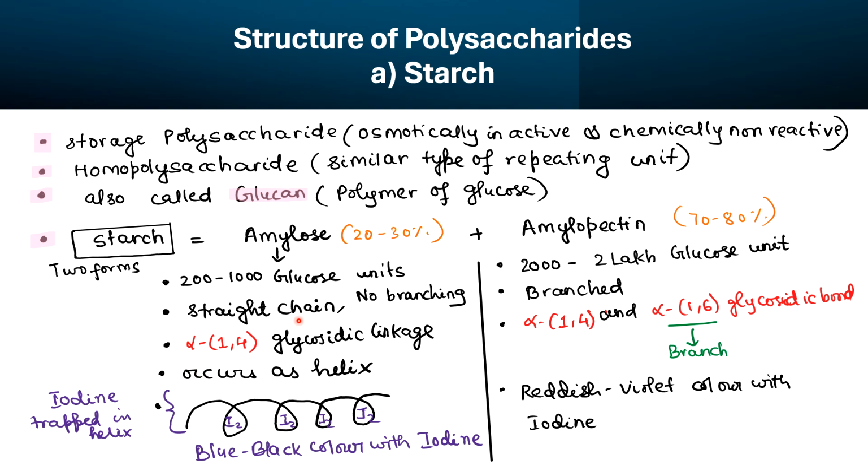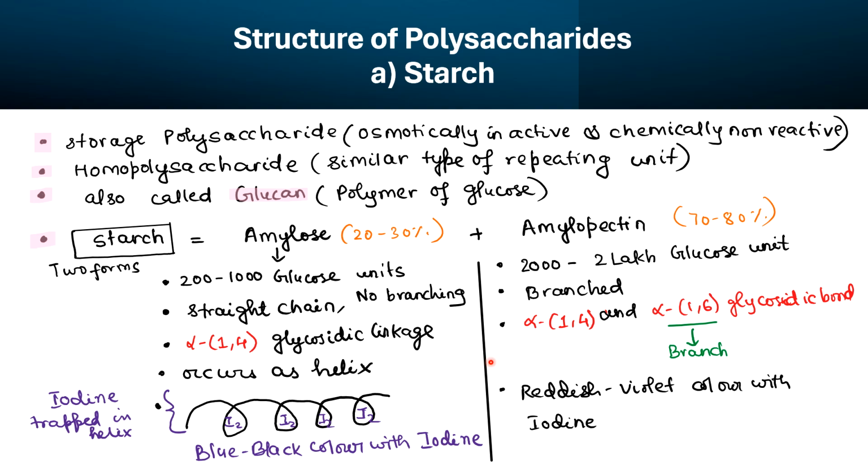Now this amylose occurs as a helix. It is a straight chain, no branching is present, so it forms a helical structure. Because the structure of amylose is helical, it can trap iodine molecules inside it. So if you add a few drops of iodine to amylose, it will turn blue-black in color.